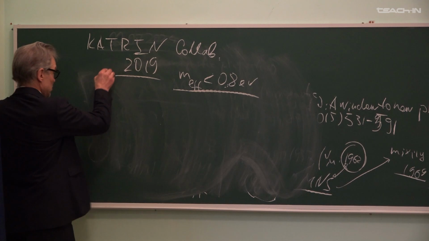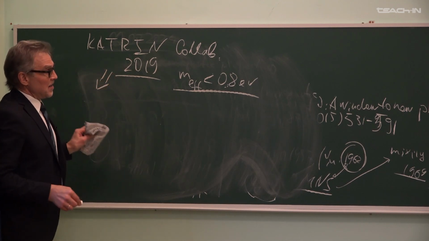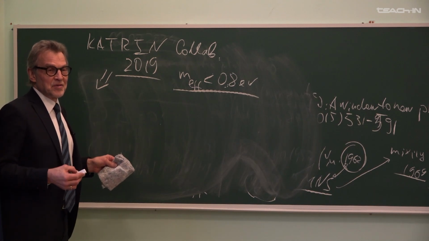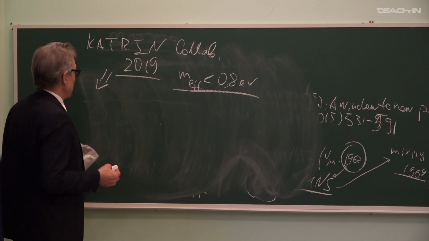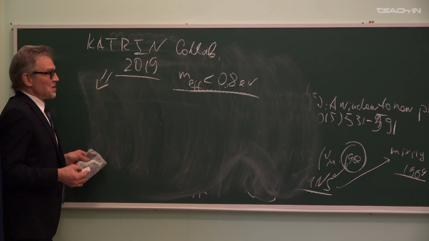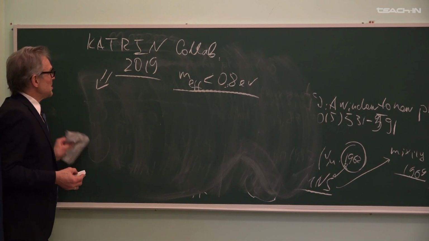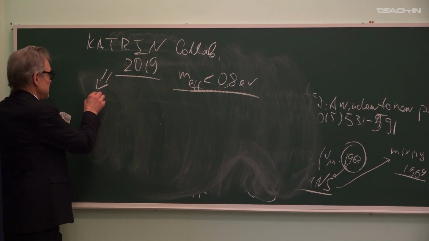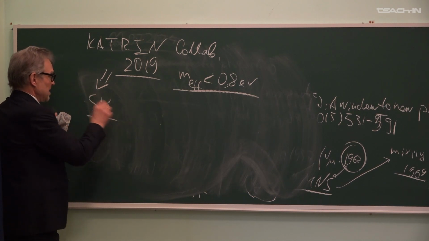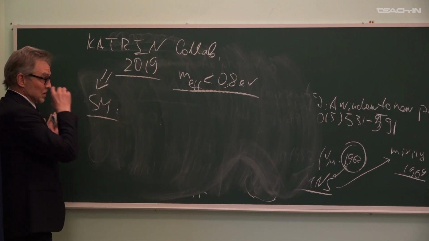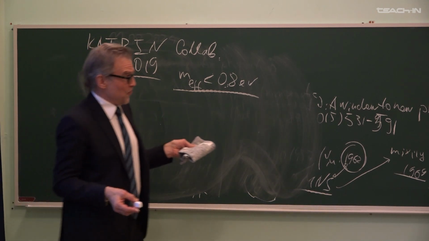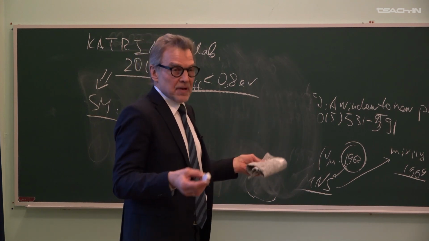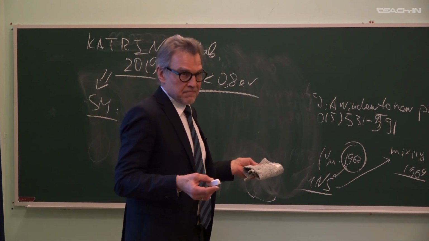Now let's go back to the main line of our lectures, the neutrino electromagnetic properties. Well, and let's recall the Standard Model, because interactions of massless flavor neutrinos are described by the Lagrangian of the Standard Model.